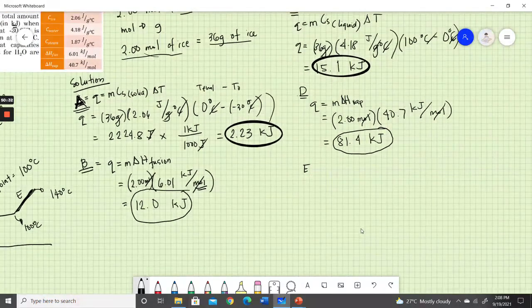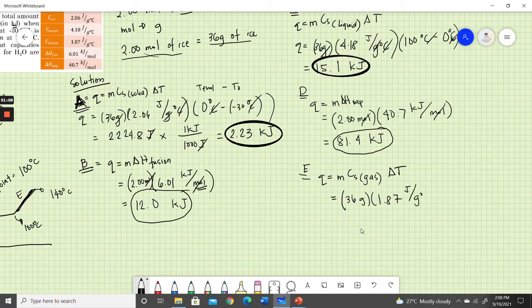So the equation that we have to use is Q is equal to the mass of the substance multiplied by the heat capacity, but this time in gas, multiplied by the change in temperature, which is equal to 36 grams multiplied by 1.87 joules per gram degree Celsius multiplied by the change in temperature.